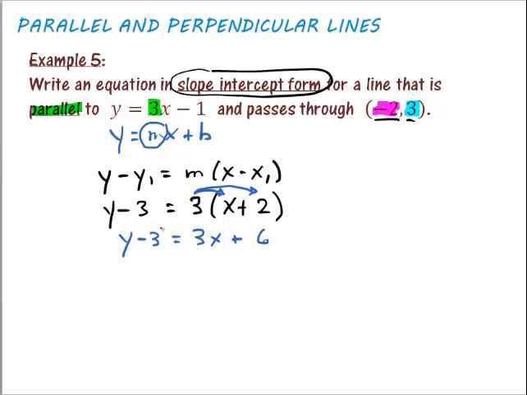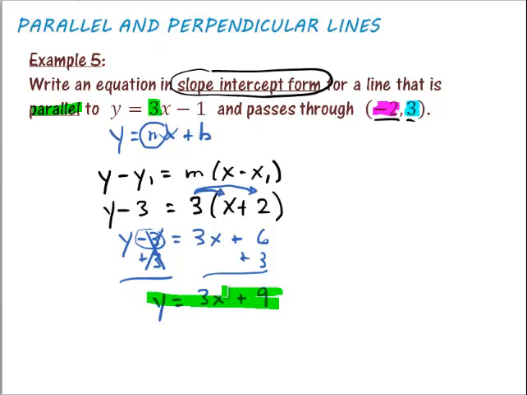Now I got to get rid of this minus 3 by adding 3 to both sides. I'll add 3 over here because that's what it goes with, and those cancel out, and I'm left with y equals 3x plus 9, and that's my equation in slope-intercept form. This was my equation in point slope, so I've got it both ways.